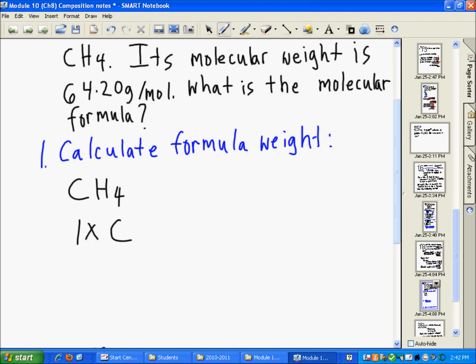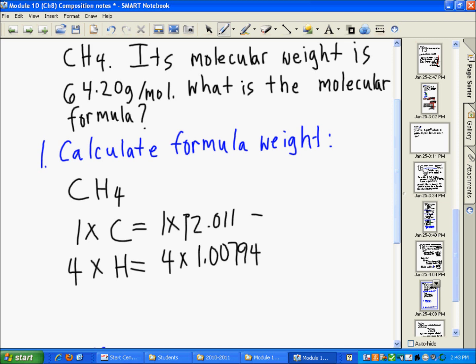How many hydrogens do we have? 4. So we need to add the weights of 1 carbon, which is 12.011, and 4 hydrogens, which is 4 times 1.00794, which is 4.0316. Add those up, and what do you get?